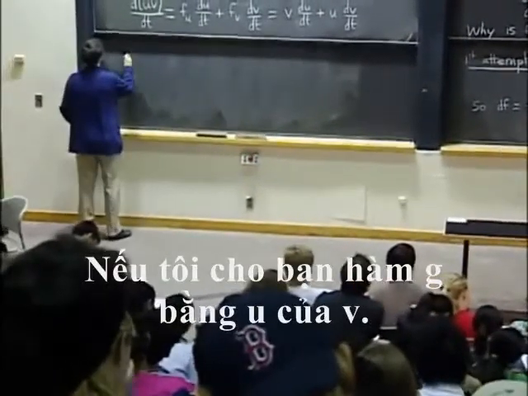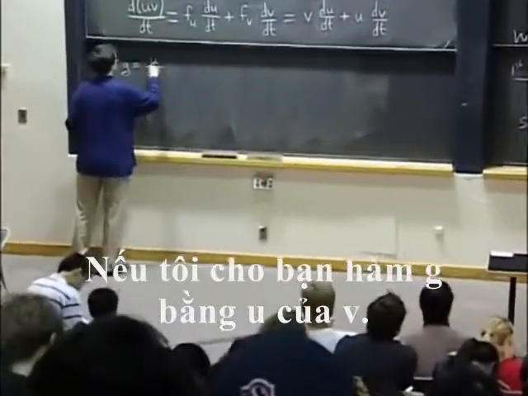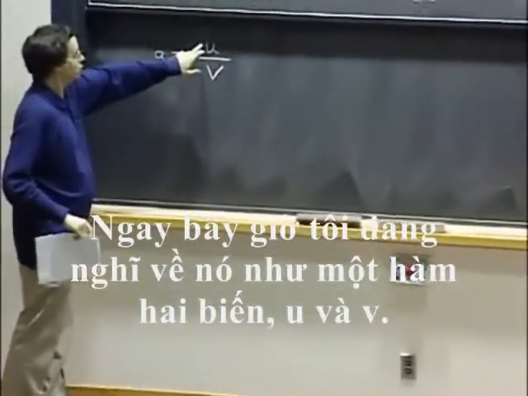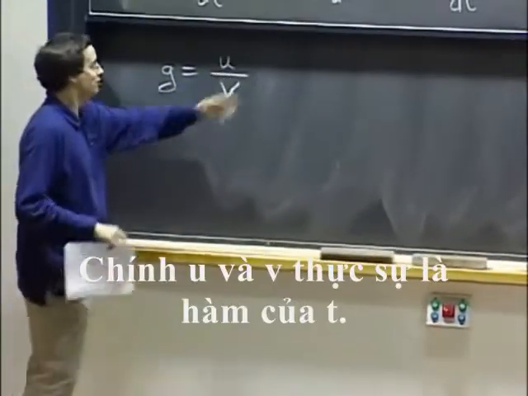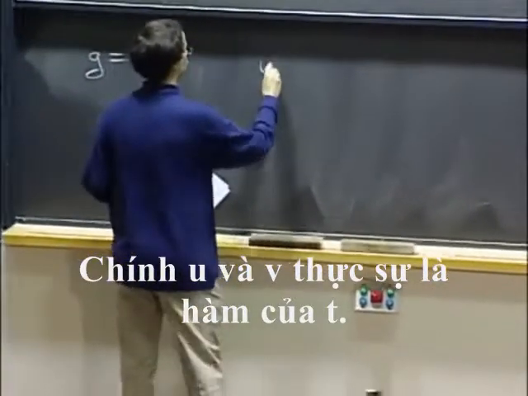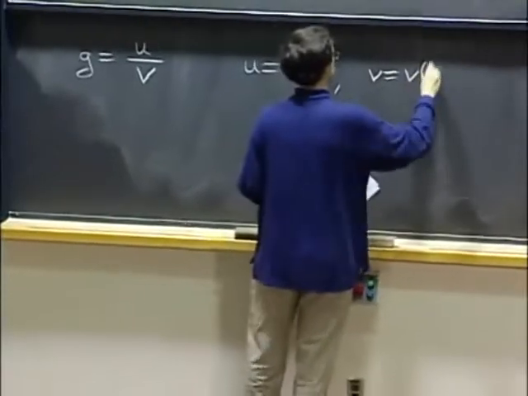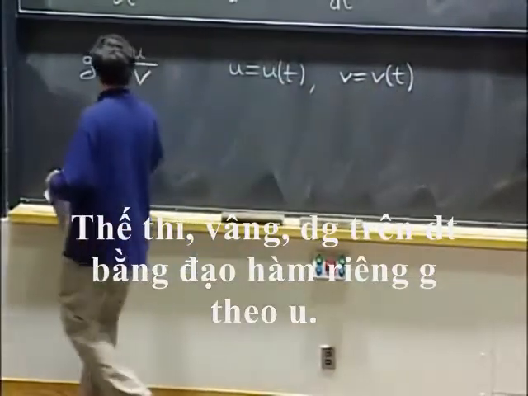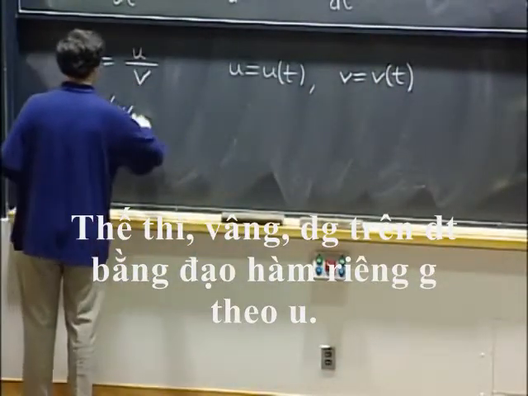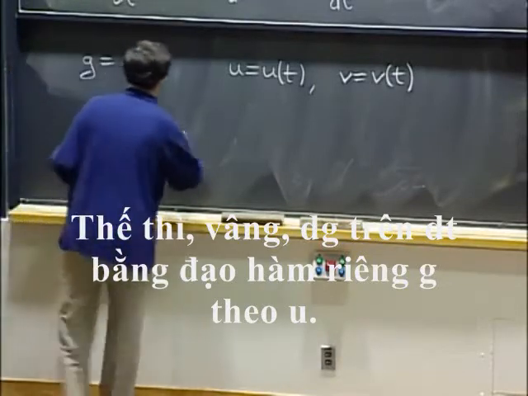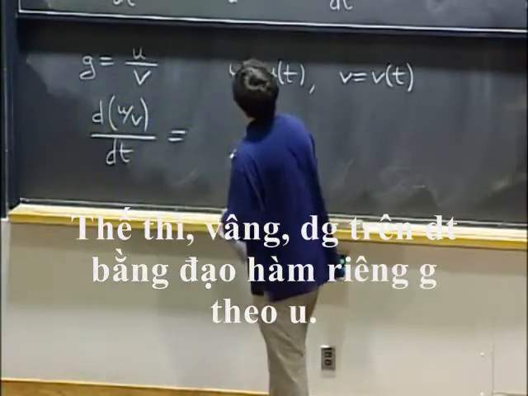So if I give you the function g equals u over v, so right now I'm thinking of it as a function of two variables, u and v, but u and v themselves are actually going to be functions of t, then dg dt is going to be partial g partial u.